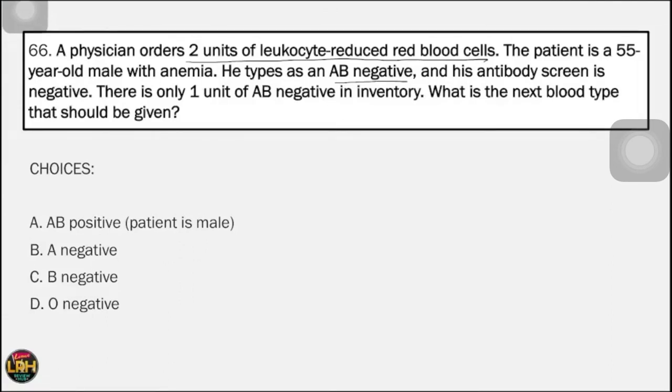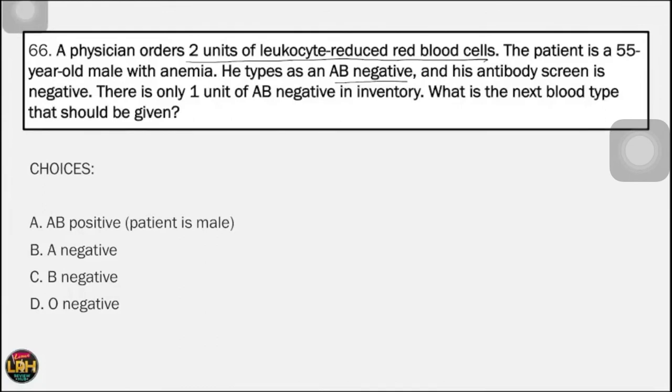What is the next blood type that should be given? Given that our patient is AB negative, giving Rh positive red blood cells to him will not actually cause harm. However, it is not routinely done in the laboratory, so letter A is not actually the best answer.